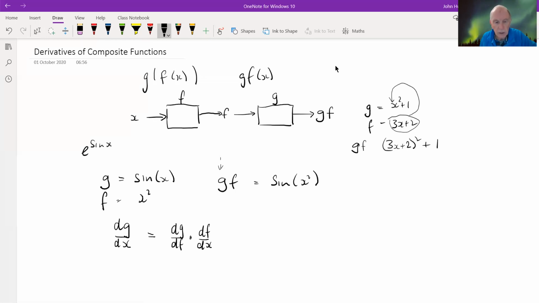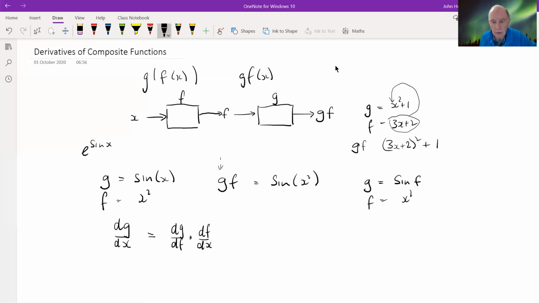So let me write this a little bit differently. G equals the sine of F, and F equals x squared. That's really a better way of looking at it.